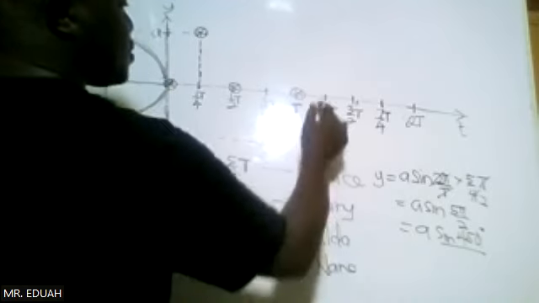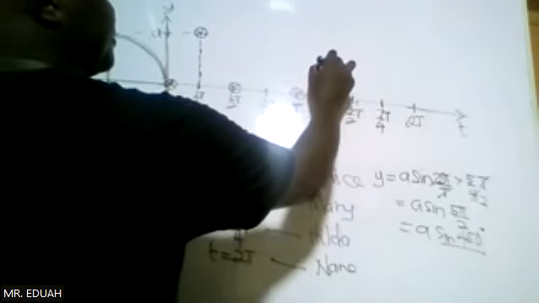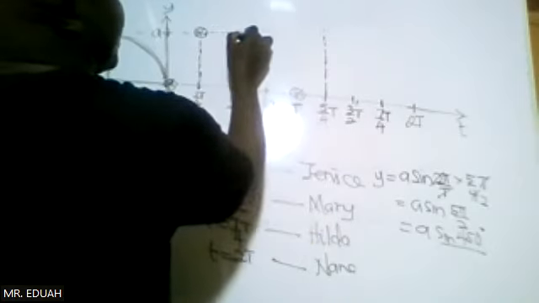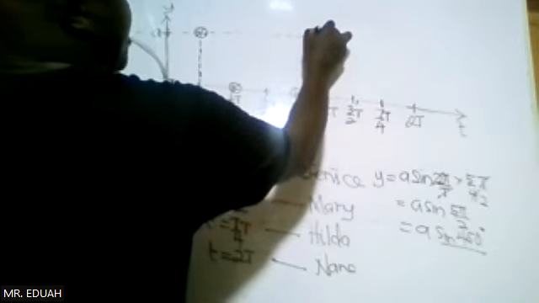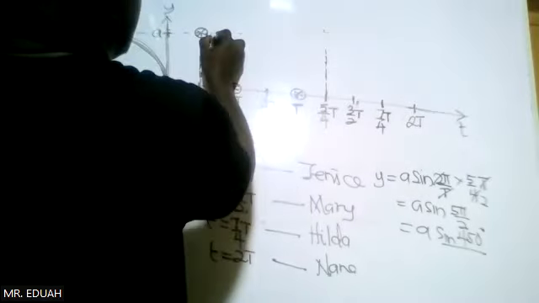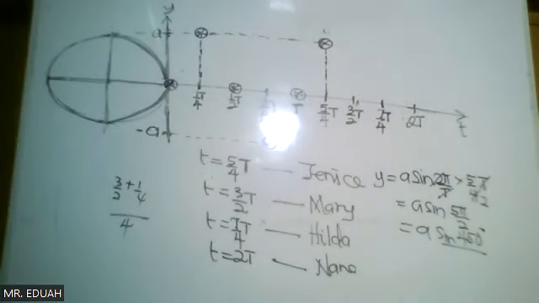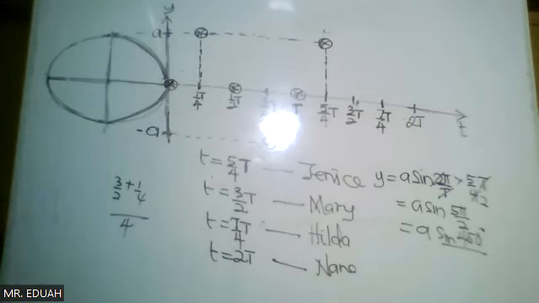Janice, are you okay? Yes, please. So we trace the displacement to the time. So this is our point. The positive seems to be taller than the negative. Okay, Mary. That was the displacement at time 3/2 of the period.